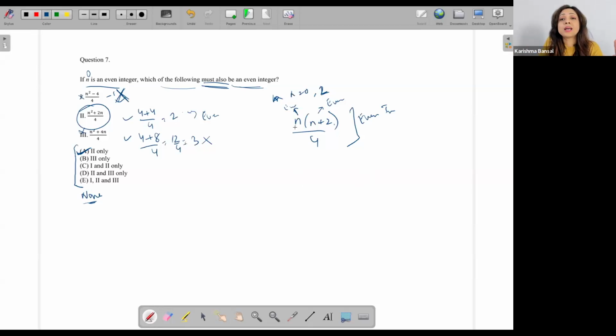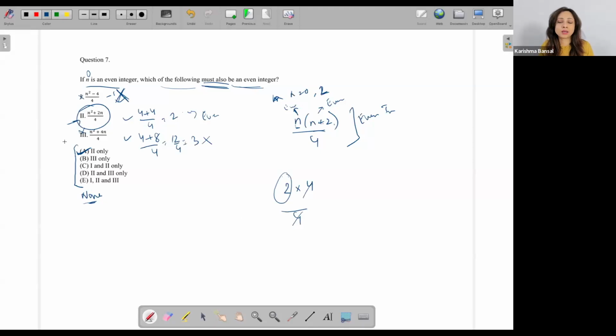So when I have two consecutive even integers, one of them is going to be a multiple of 4, which means I get a 2 from one of the numbers and a 4 from the other number. So when I divide this by 4, I'll still be left with a 2, and that is the reason why it definitely will be an even integer.